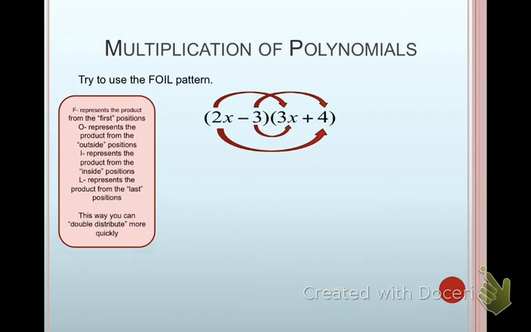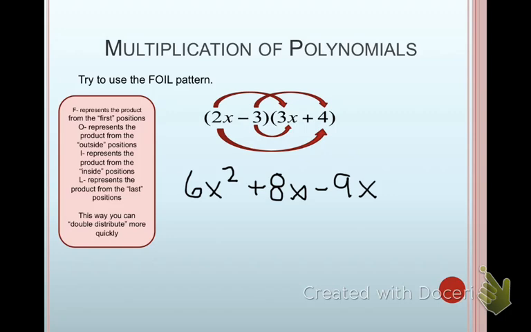Okay. Here's another one. We've got 2x times 3x, which would give us 6x squared for our first term. Our outer is 2x times 4, which would give us an 8x. Our inner is negative 3 times 3x, which gives us a minus 9x.